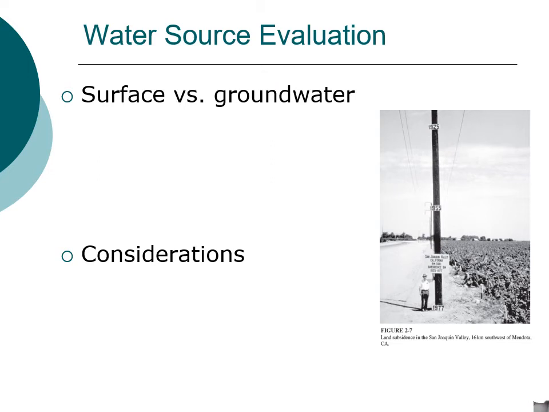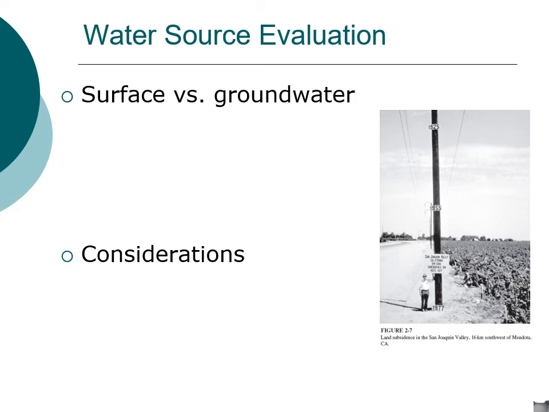So when we talk about water sources, we can talk, as I mentioned, surface water, groundwater. One of the things to recognize is in the US, the population served by surface water systems is actually about 1.5 times that served by groundwater systems.